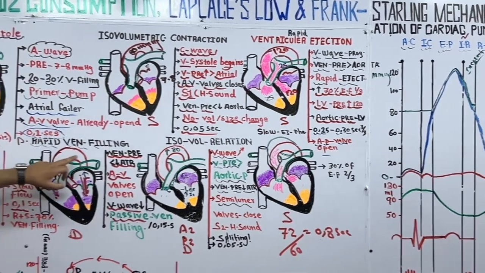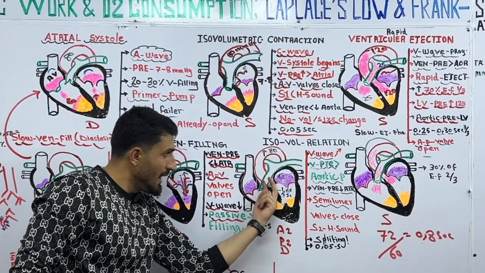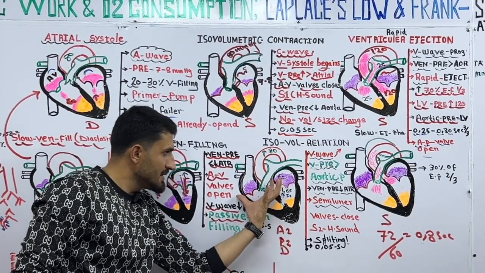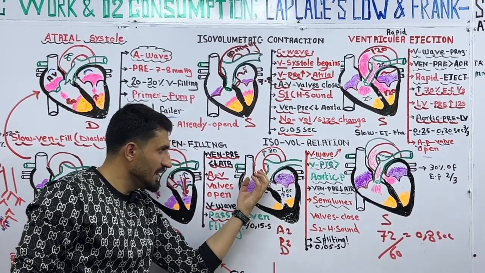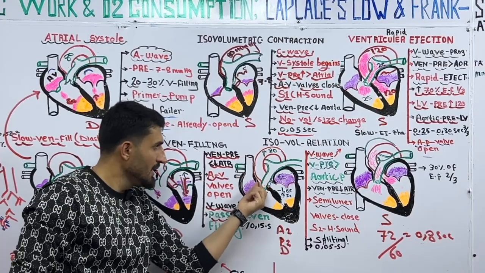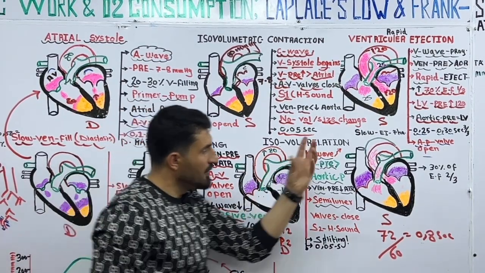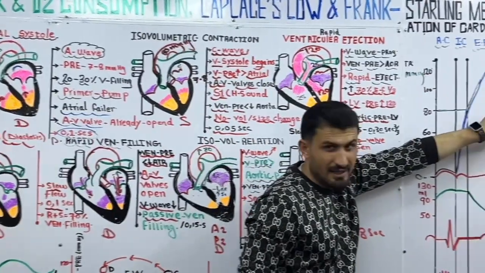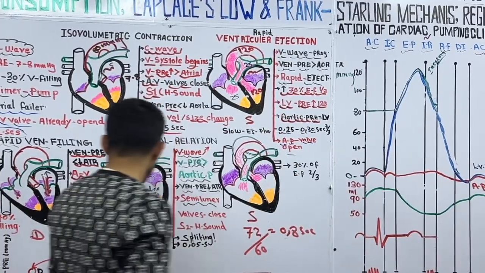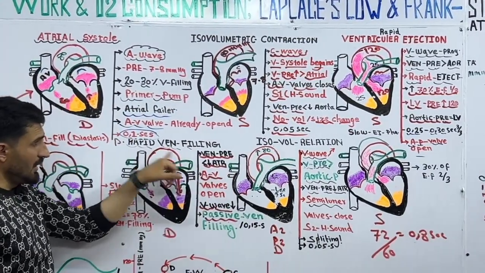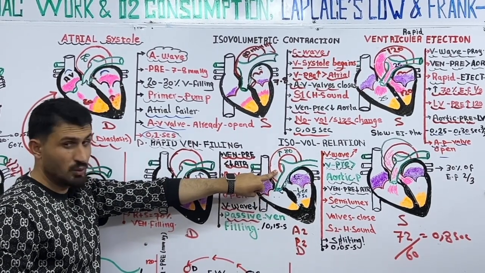Because in the isovolemic relaxation phase, when the aortic valve closes, it causes a backflow of blood to this side and also to this side by the recoiling of aorta, and it produces a small wave-like pressure, which is called the incisura, and this is due to closing of these valves. Now in the isovolemic relaxation phase, pressure reaches 80.